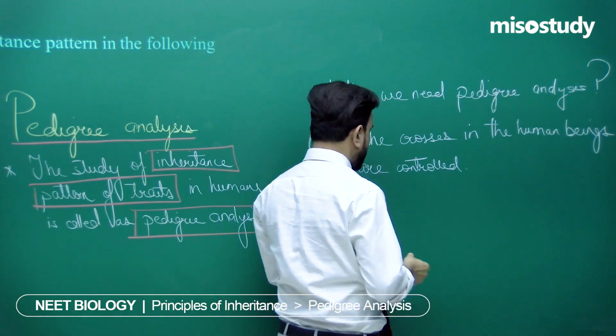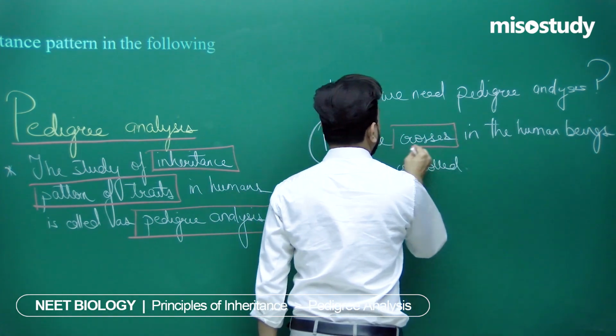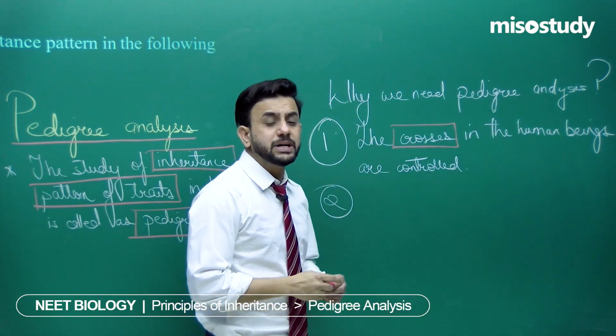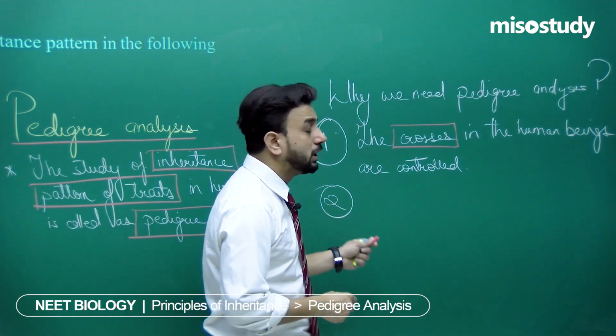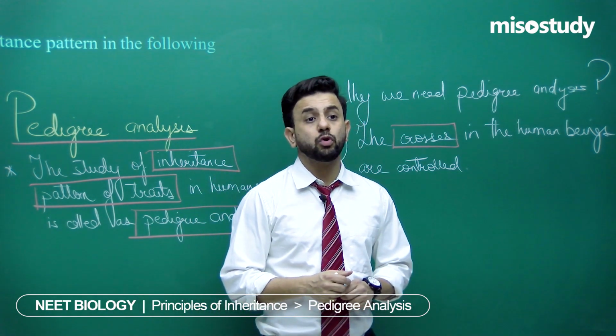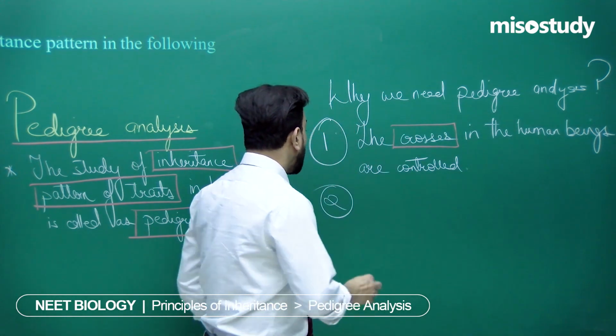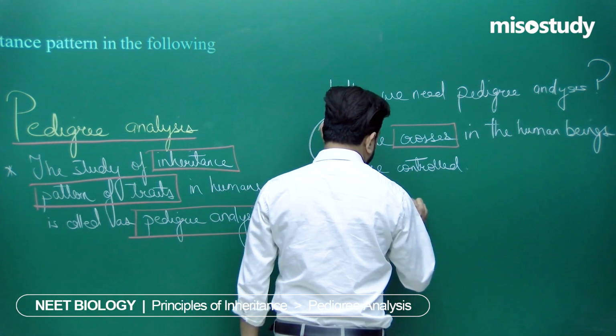And what about the next? Secondly, the number of offspring produced won't be too many.